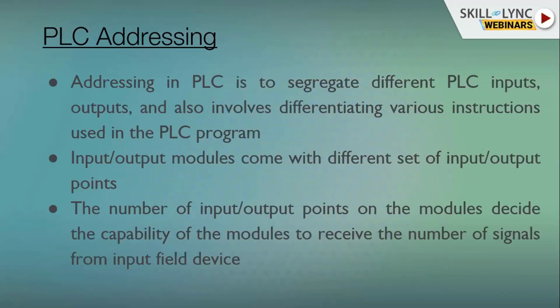Addressing is required to identify each input in the PLC input module, or to identify each output which is connected to the PLC output module. It also involves identification of the instructions which we are using in PLC programming, such as timers, digital timers, counters, and move registers.